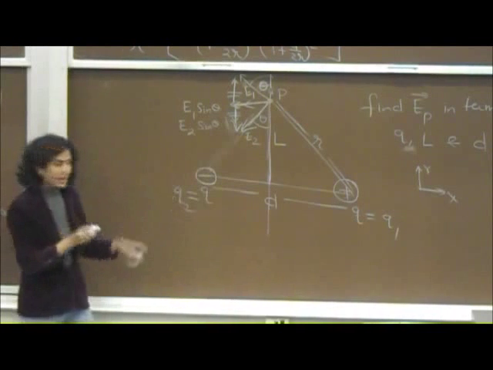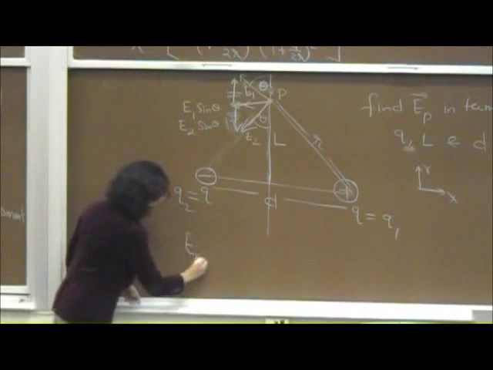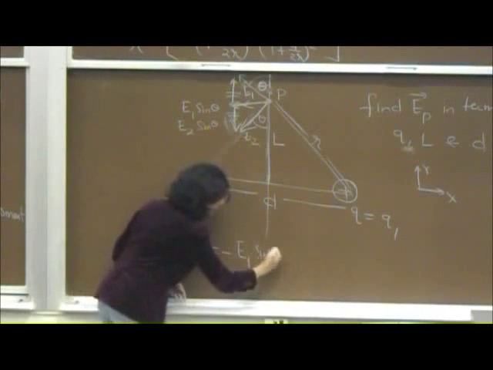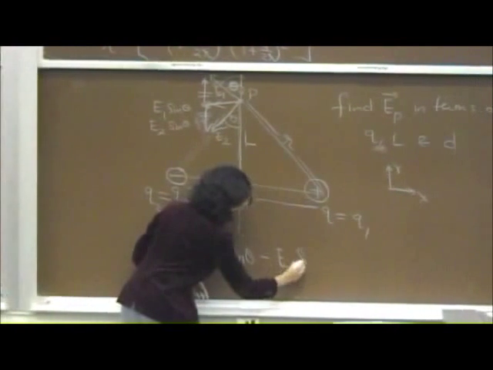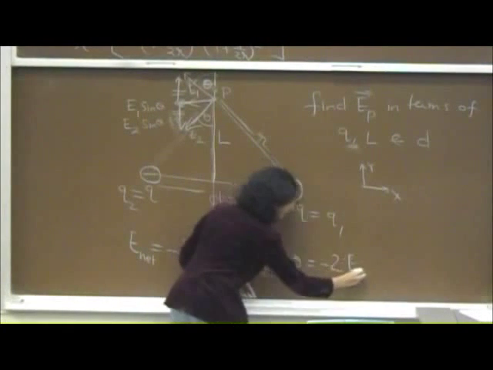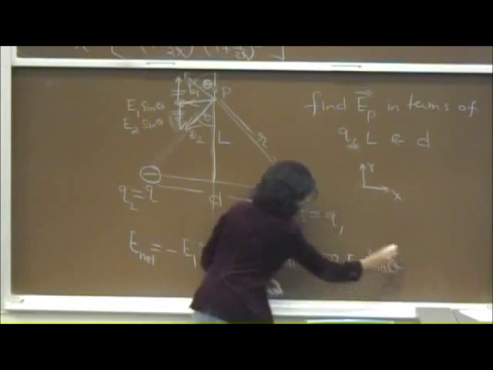It will be. And we can say that E net is going to be equal to minus E1 sine theta minus E2 sine theta, which can be written as minus 2 times E1 sine theta. Is that making sense, folks?